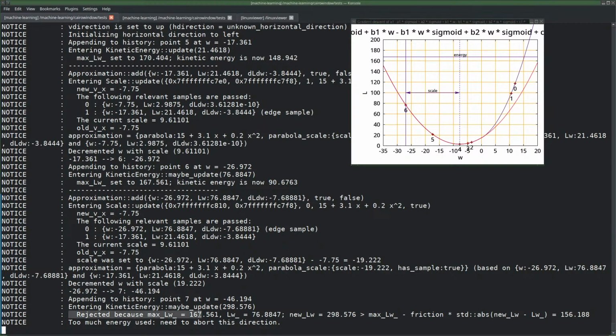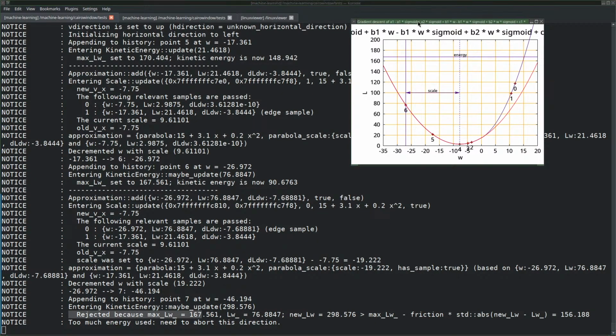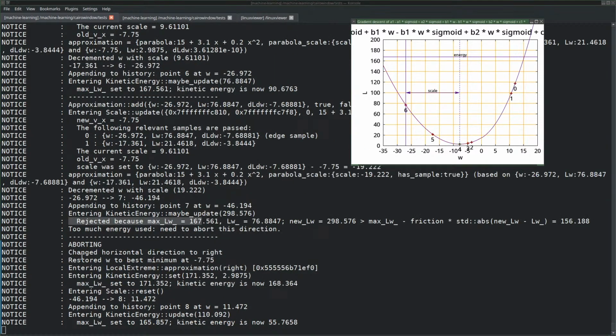I think this rejected here means that if I press space, it's going to say that it is aborting. Aborting going to the left, yeah.